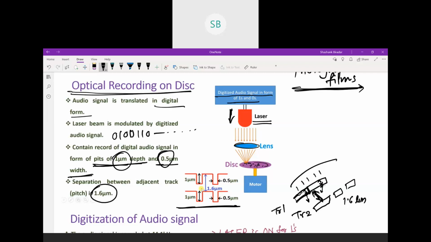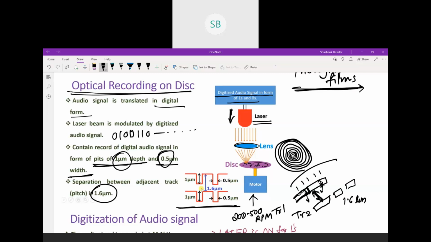As we have seen, the data is recorded from the central region to the periphery of the disk. For that purpose we are using a motor, and this motor is rotated with how much speed? 200 to 500 rpm. So these are the basics of optical recording on the disk.